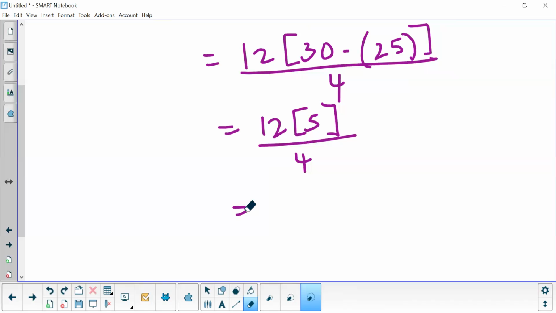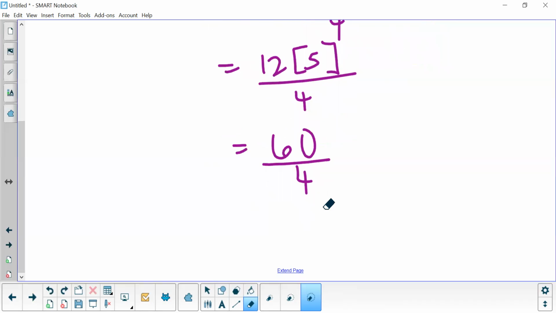Now 12 times 5 is 60, if I'm not mistaken. Yep, it is 60. And now that I fully simplify the top, I can now divide it by my fully simplified bottom. 60 divided by 4 is 15.